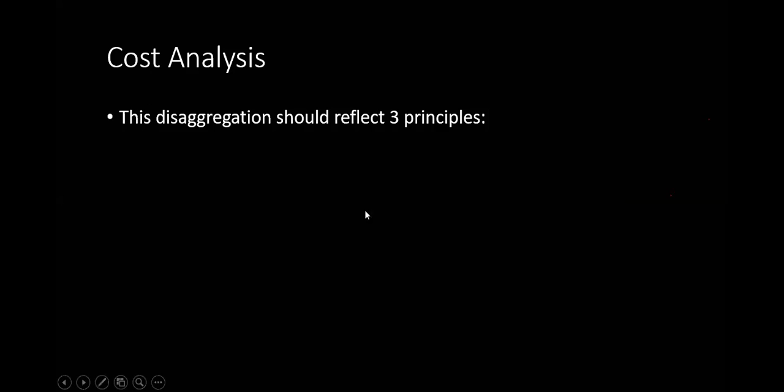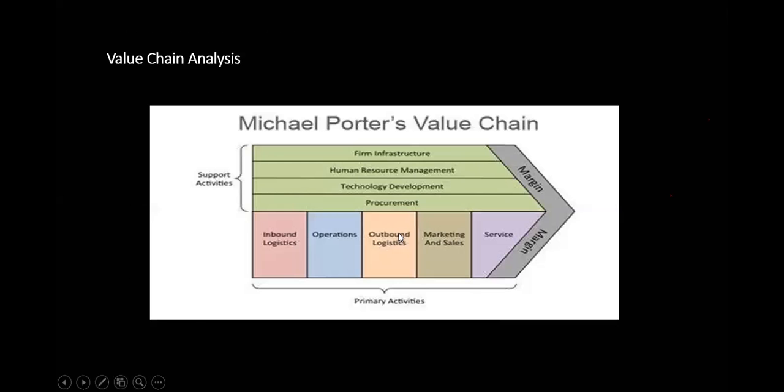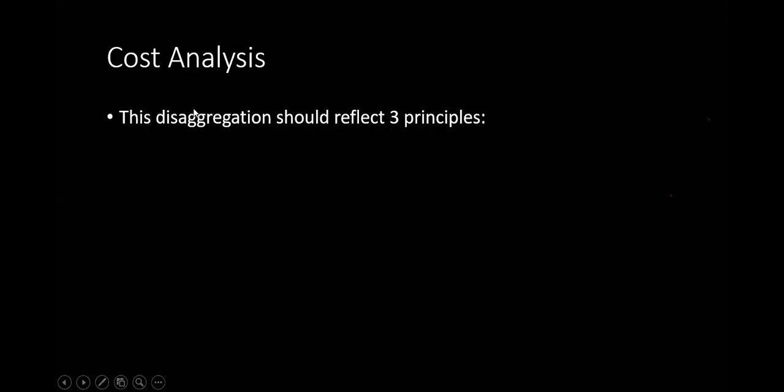Okay. Then the cost analysis further. I have explained the strategic cost position and the strategic cost position of the competitors. Now we are talking about the value chain and the behavior, and the strategically relevant or irrelevant story. So cost analysis needs disaggregation.